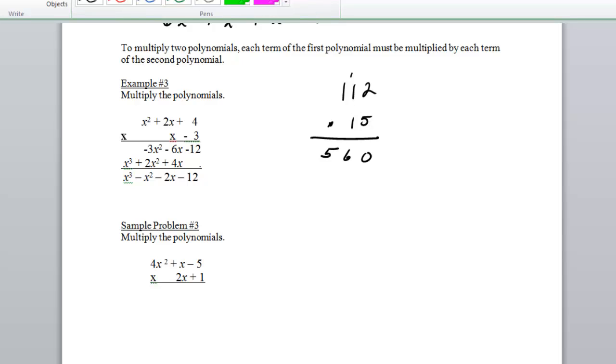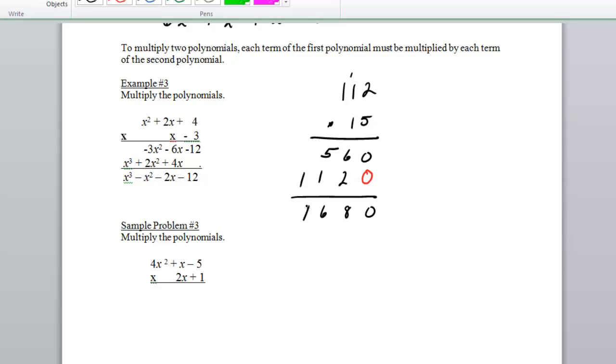The next part will require us to put a little 0 here, or leave a little blank for a placeholder, and then we multiply the 1 times everything, and of course we combine the like terms, thus giving us the final answer. Basically we can also do polynomials like this.